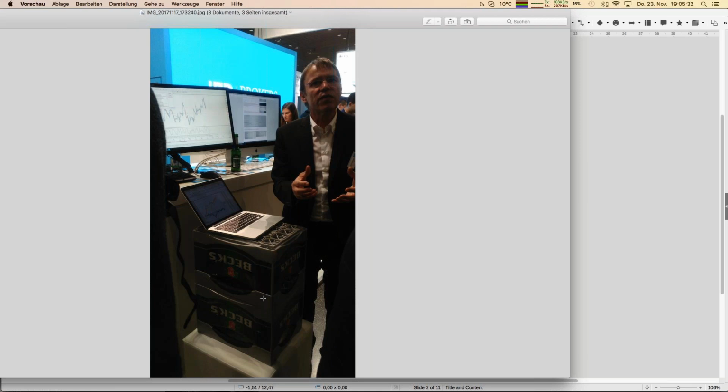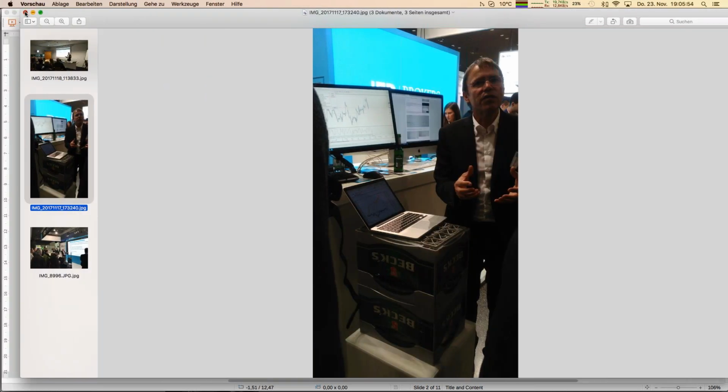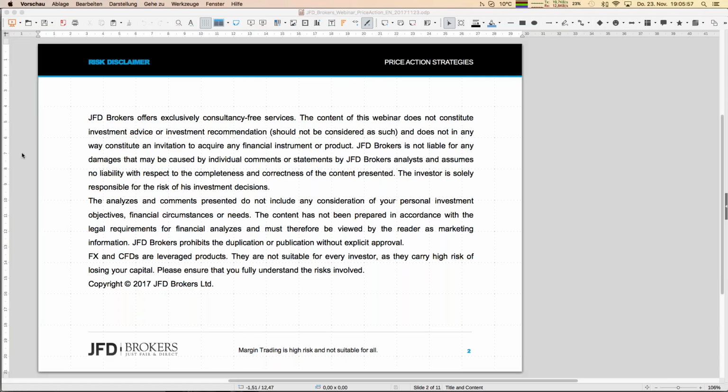Here's a beer already empty, my computer on top of that. It was really a nice atmosphere to have that kind of more or less private discussion with street traders, who are always part of those kind of webinars in the German part as well. The story went on all the time until late evening.